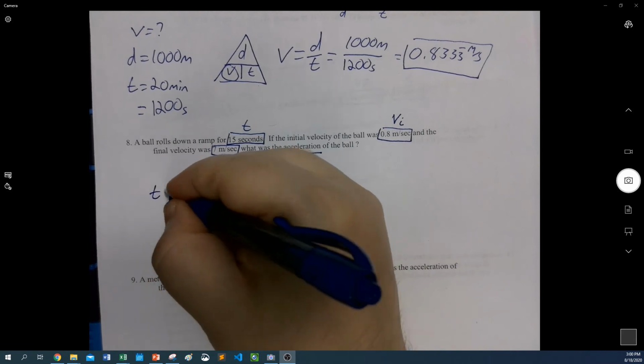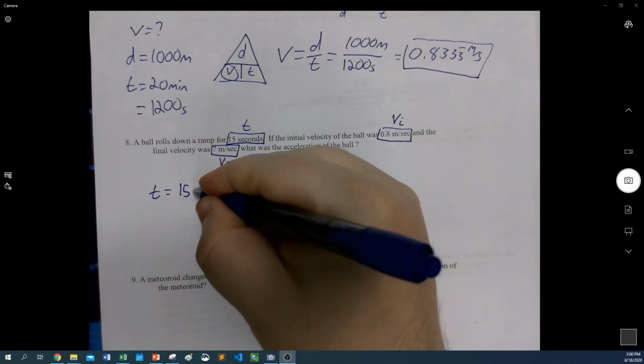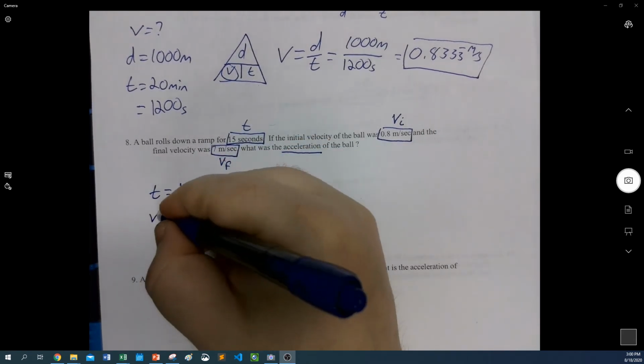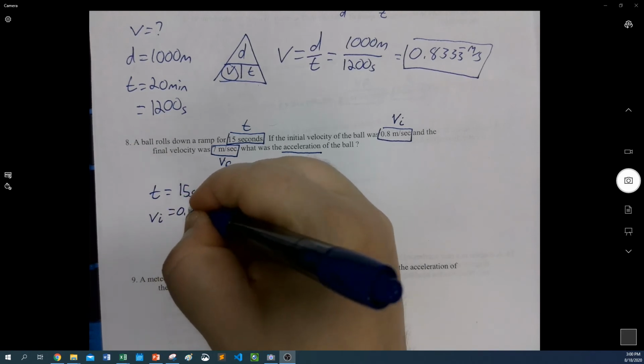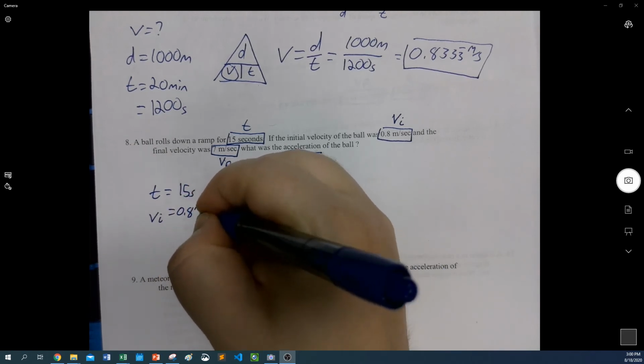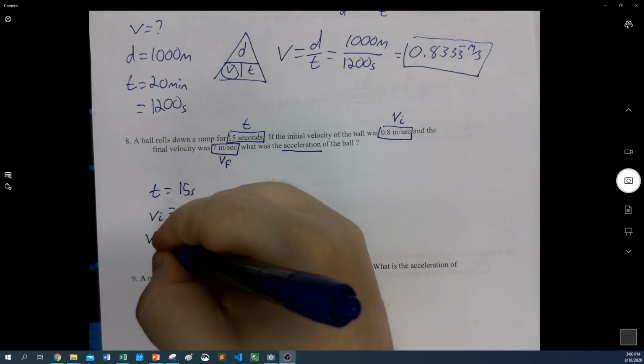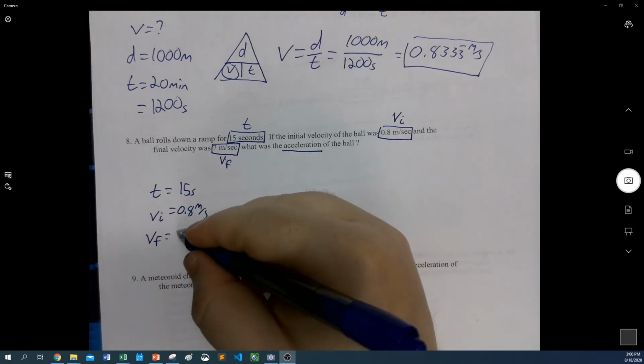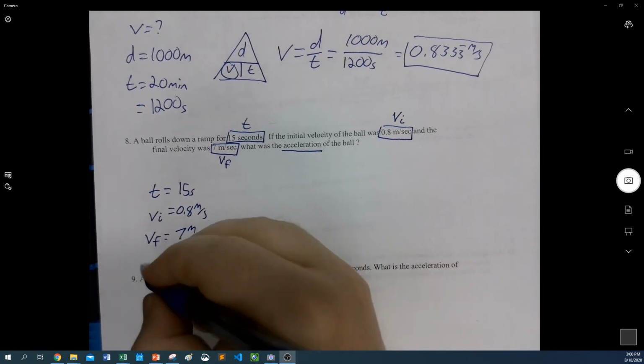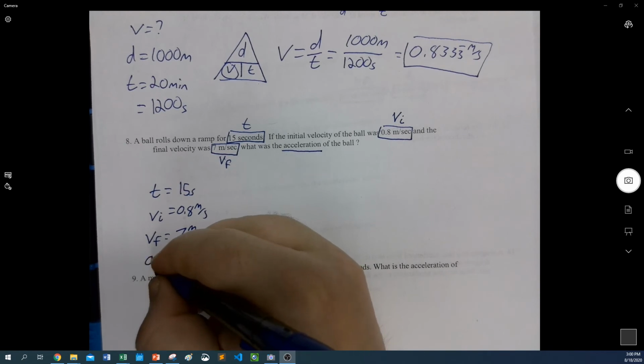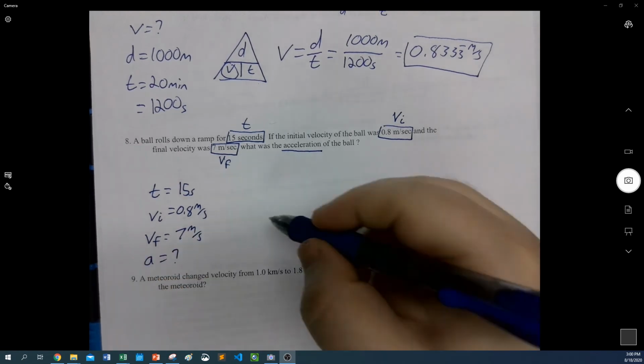So time is equal to 15 seconds. Initial velocity is equal to 0.8 meters per second. Final velocity is equal to 7 meters per second. And we're trying to solve for acceleration.